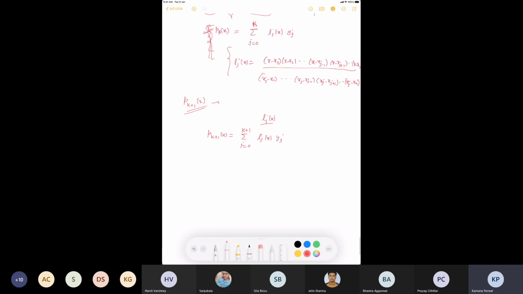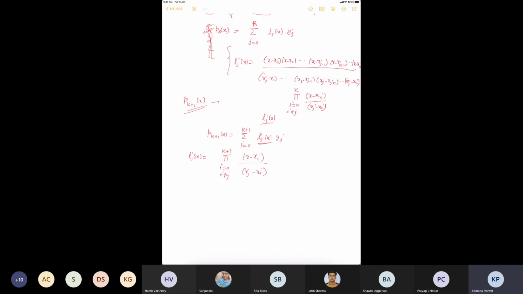But what are the Lj's of x here? These are the products of x minus xi divided by xj minus xi, where i is running from 0 to k, i not equal to j. But now you will have a product from 0 to k plus 1. So you have to evaluate all these factors again.